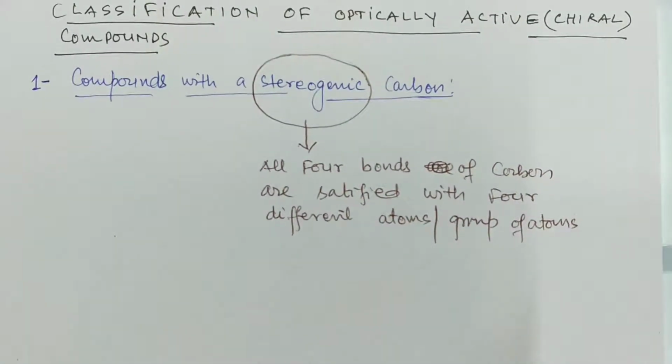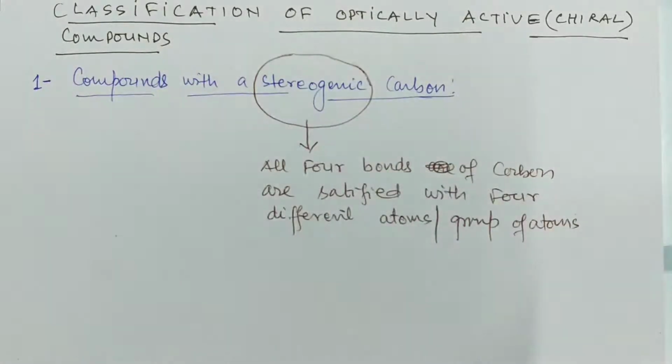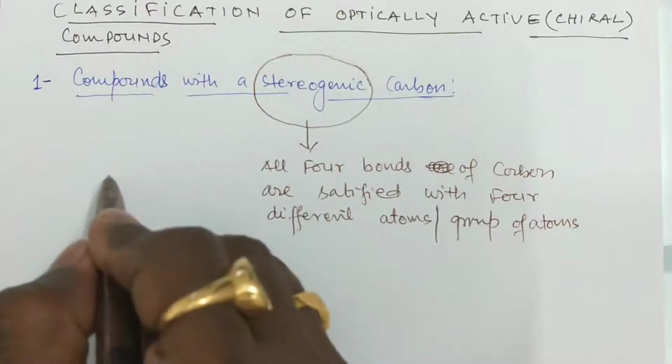So such type of carbon is called stereogenic carbon, right?